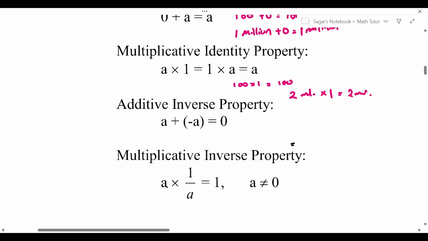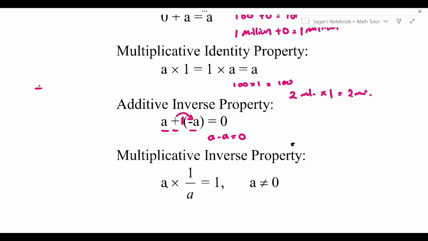Now let us move on to the additive inverse property. So we've got A plus, in brackets, minus A. Now we multiply the positive by the minus sign. So imagine there's a 1 there. So positive 1 multiplied by minus A is minus A. So A minus A is 0.